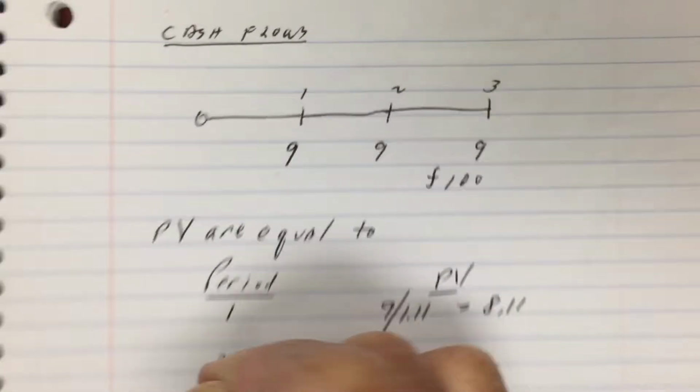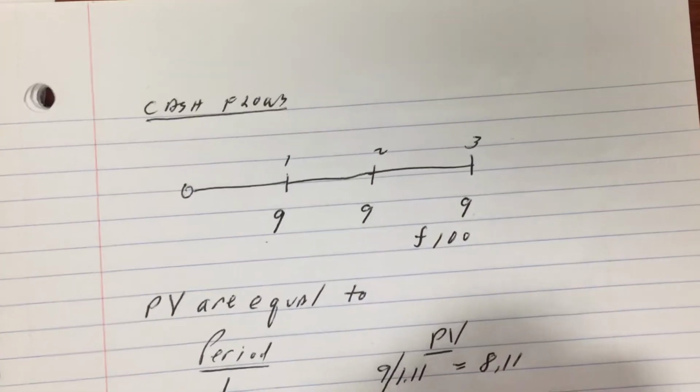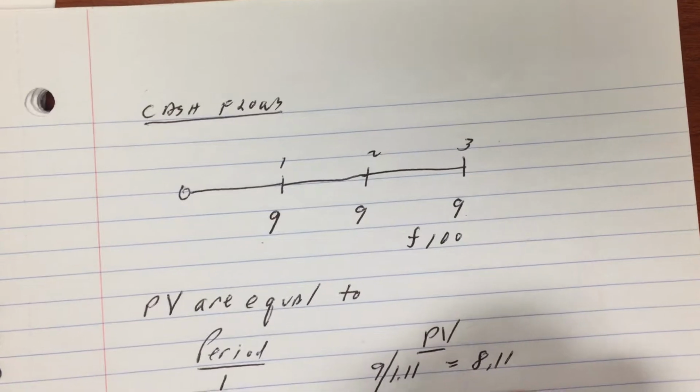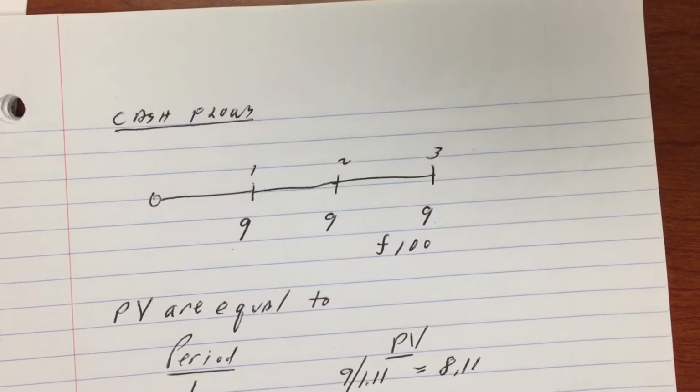In period 2, it's going to be 9 divided by 1.11 squared. That is 7.30.